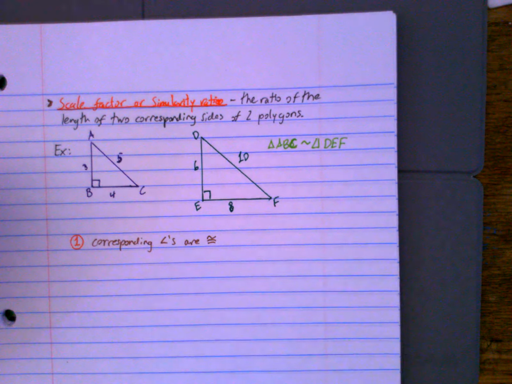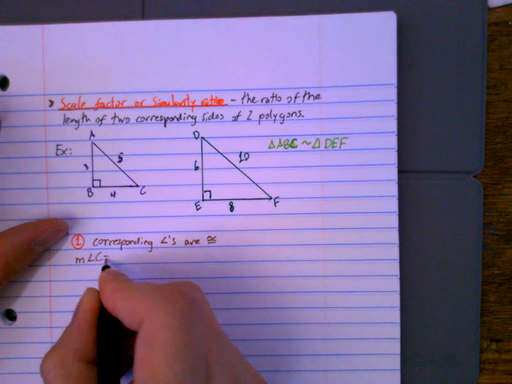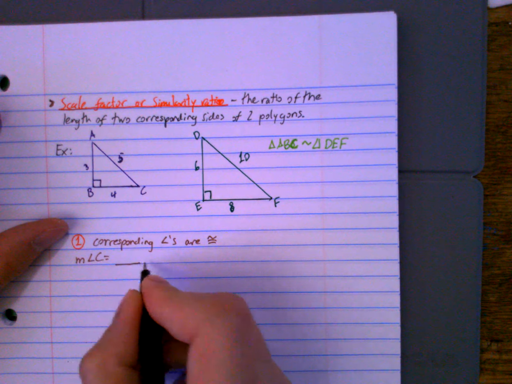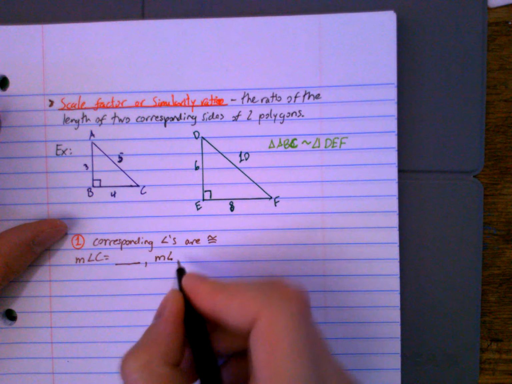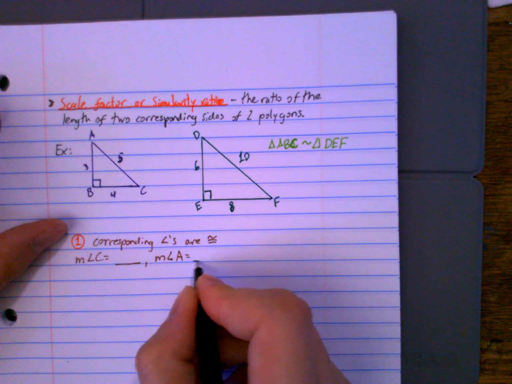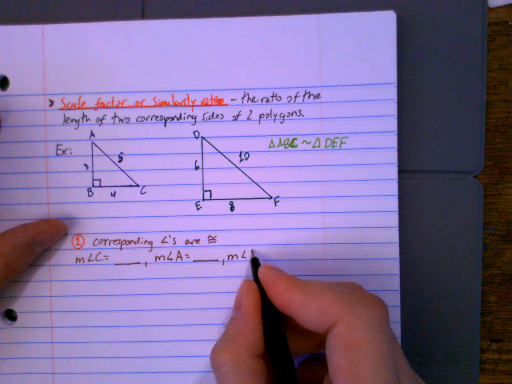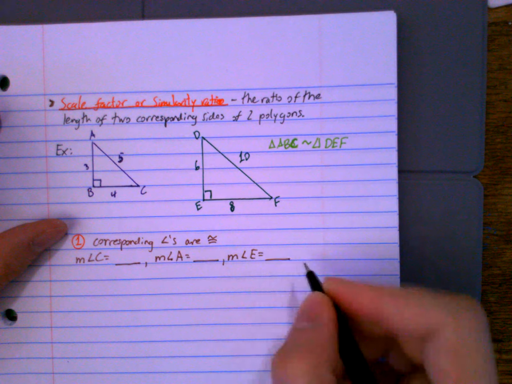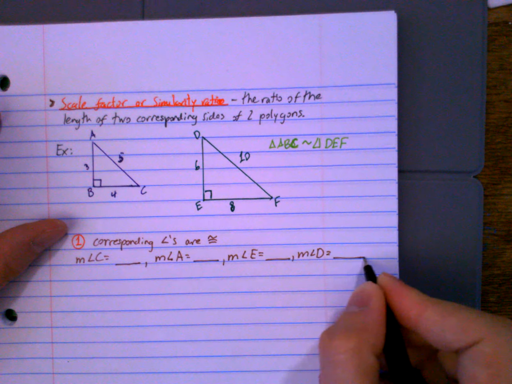So, squiggly with the equal sign underneath. The measurement of angle C equals something, the measurement of angle A equals something, the measurement of angle E equals something, and the measurement of angle D equals something.